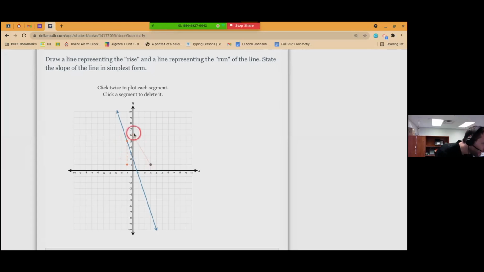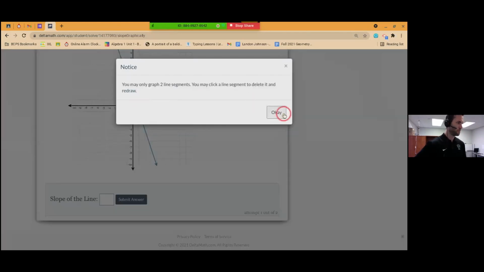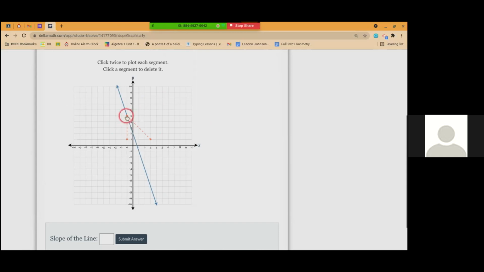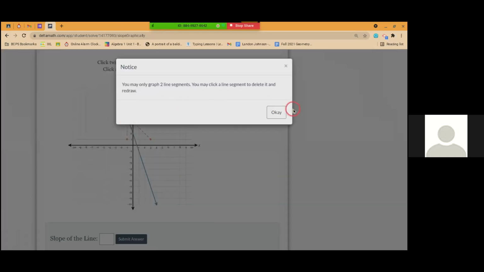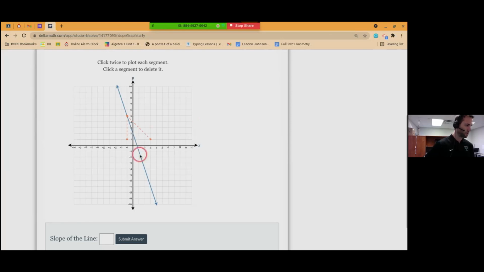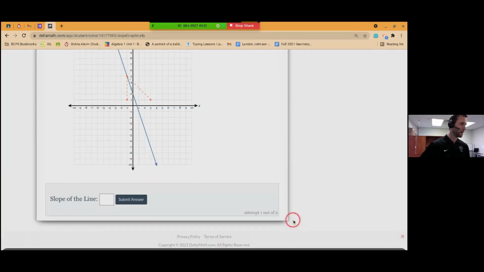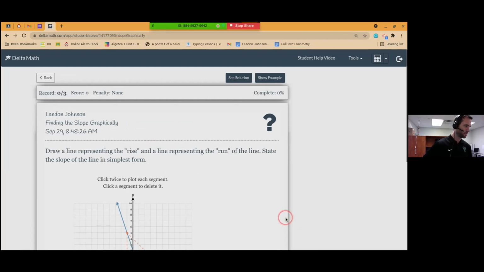So I would go down, starting where you were, I'd go down 1, 2, and then over 1. So essentially you're showing the slope. I can't change it. There might be a button at the bottom of the screen if you scroll down that says get rid of. If not, you have to click on the endpoints.